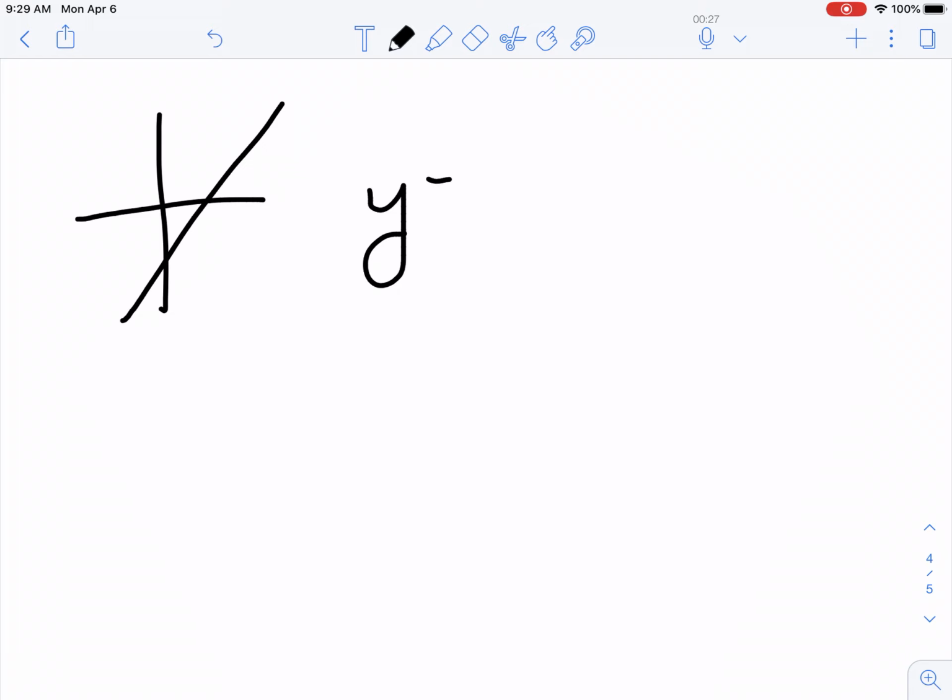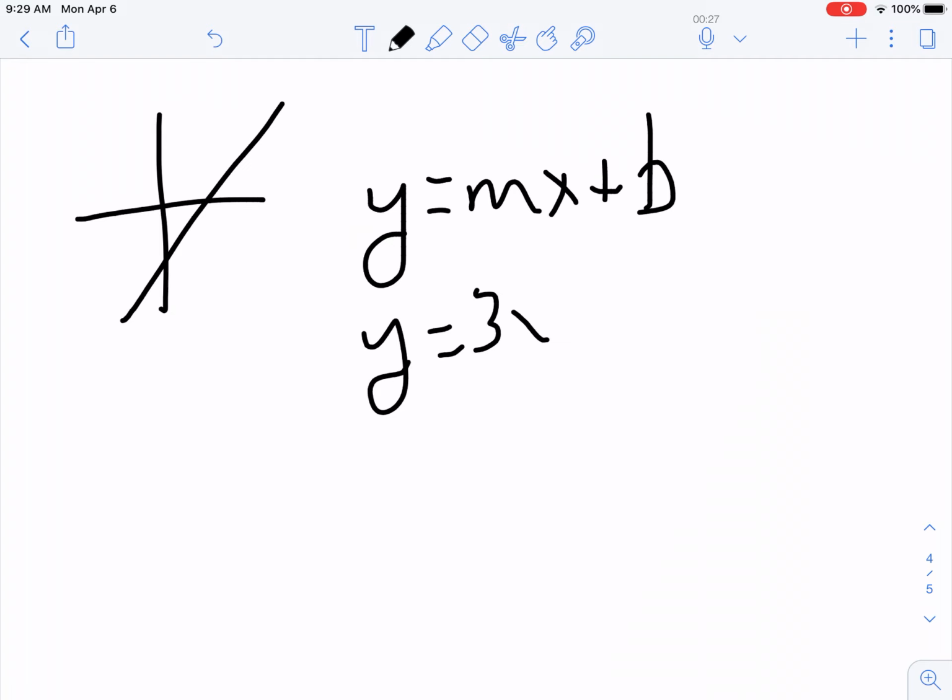So in review, we can tell if something looks like a line when we look at a graph. That would be a linear relation. We can tell if something is a line when we look at an equation, that is a linear relation.